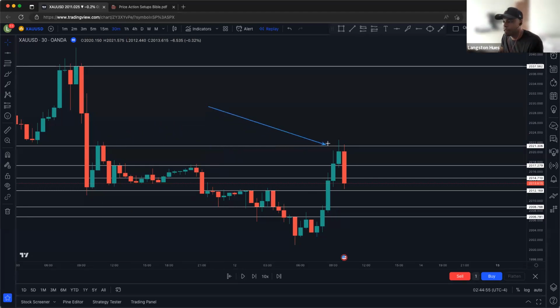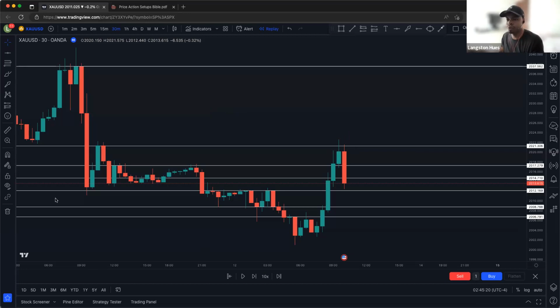This candle just created a wick. The body of the candle didn't close above. That's why it's important when we draw our support and our resistance, we draw it at the body. Does that make sense to everybody? Only the wicks went above and created this high, but the body couldn't close above.